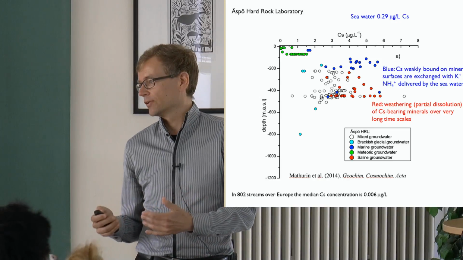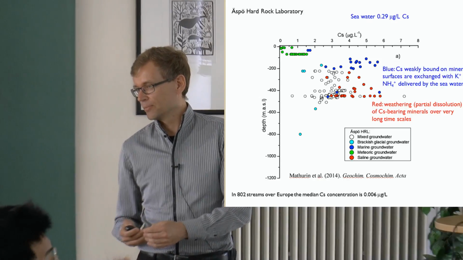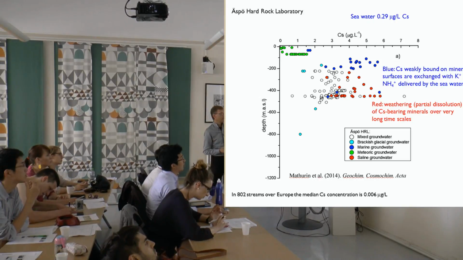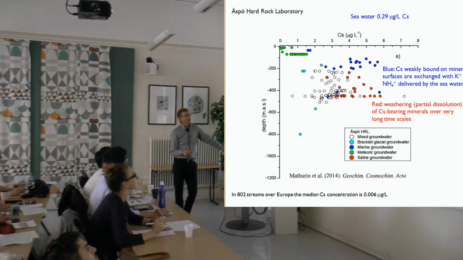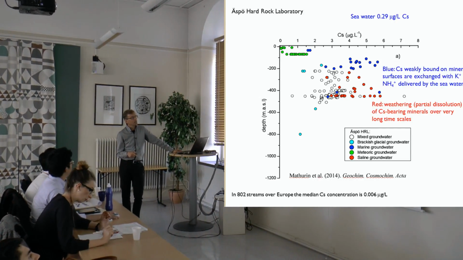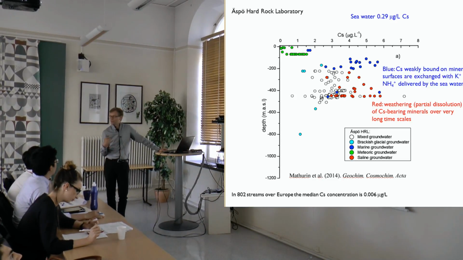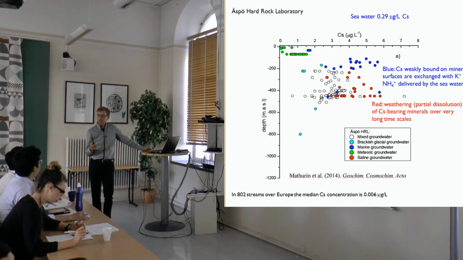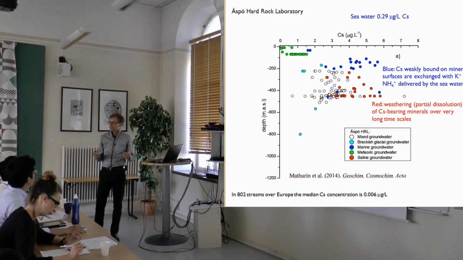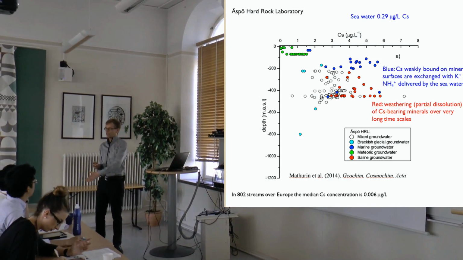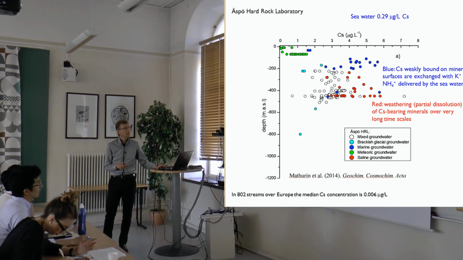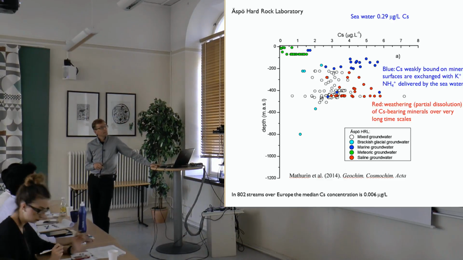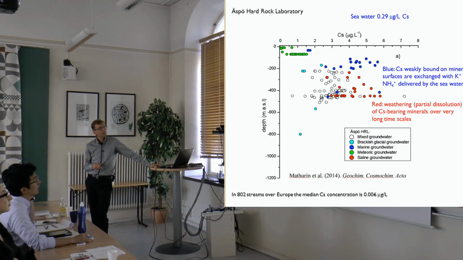This is groundwater which came from the seawater, marine groundwater. Now we could of course hypothesize, okay, so the seawater contains cesium and it was brought with the seawater into the bedrock. But it is not. The seawater contains 0.29 microgram per liter cesium. It's down here.